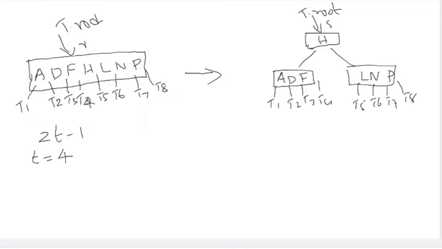So let us write the B-Tree-Insert-Nonfull of S comma K procedure now. B-Tree-Insert-Nonfull of, for example, X comma K. So X is the node and K is the key value.